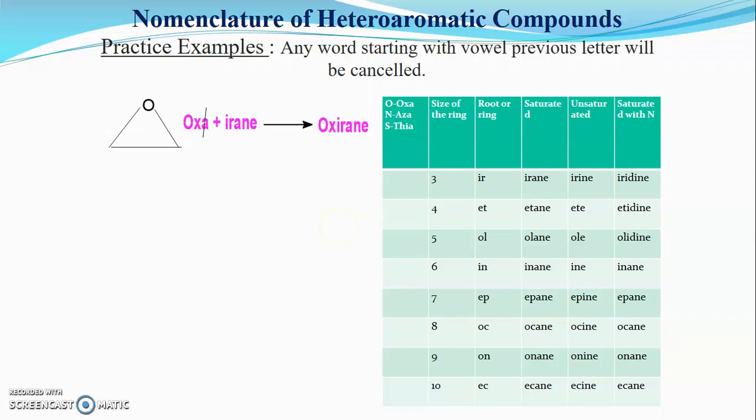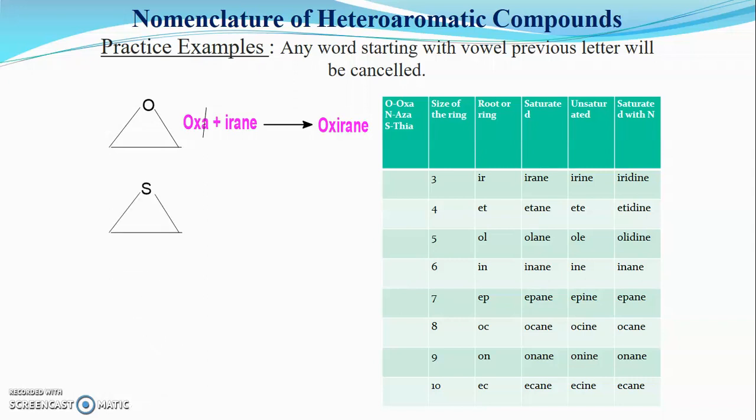Always when you combine the heteroatom name plus the ring name, the heteroatom name ends with a vowel and the ring name also starts with a vowel, so the heteroatom's last vowel will be cancelled and you will get oxirane.